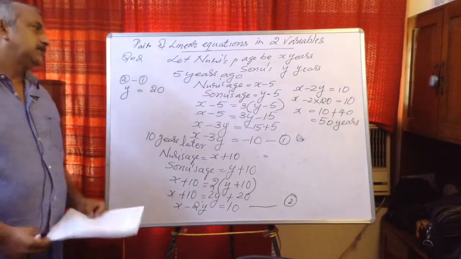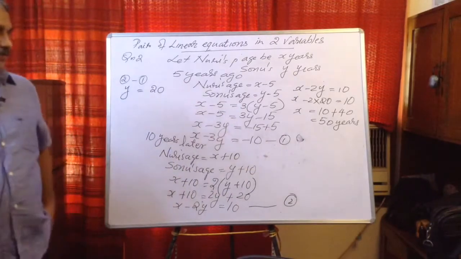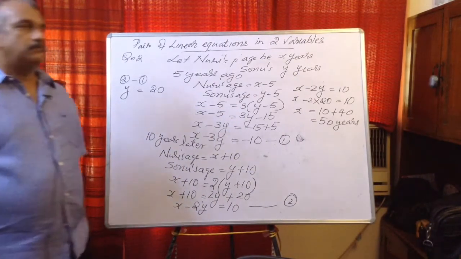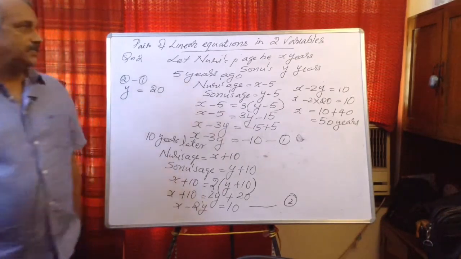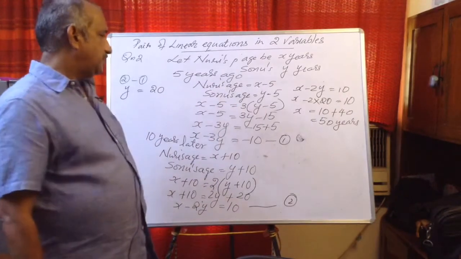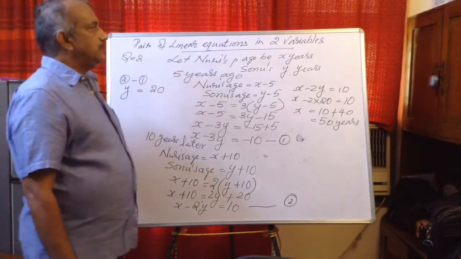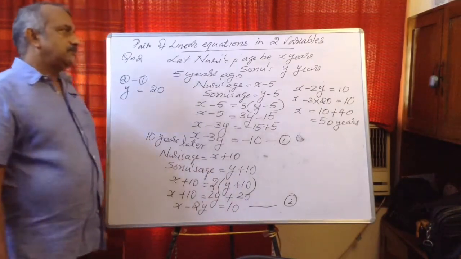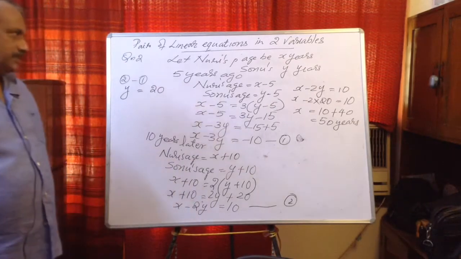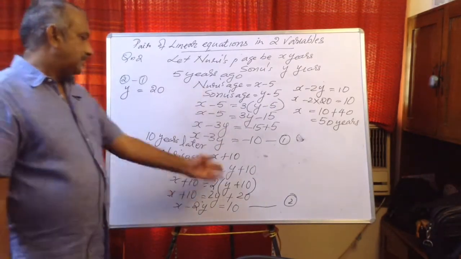Like this we can solve, or you can put it in the other equation, then also you will get x is equal to 50 only. So see once again, the question says there are two people. When seeing the names we feel that they are children, but looking at the ages they are elder people. Now the question says 5 years ago Noori was thrice as old as Sonu, and 10 years later Noori will be twice as old as Sonu.